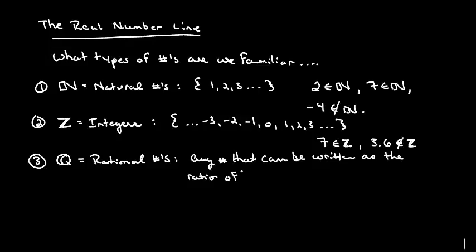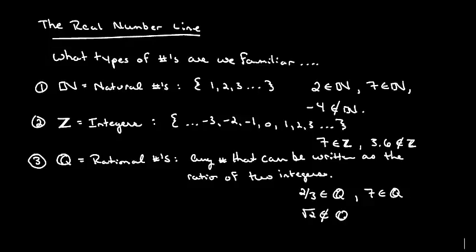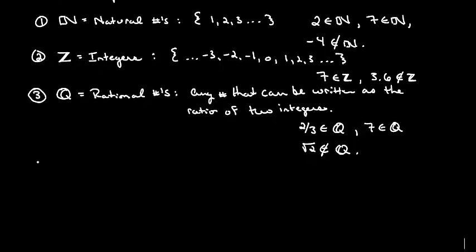So like 7/2 is a rational number, or let's say 2/3. That's part of the set of rational numbers. 7 again is part of the rational numbers, right? Because we could write it as 7/1. But square root of 2, that's not part of the rational numbers. You can't write square root of 2 as a fraction. There are proofs on why you can't do that. It's actually fairly interesting.